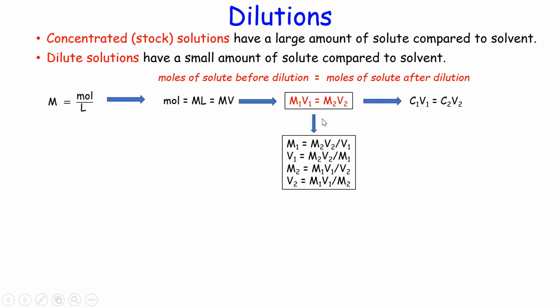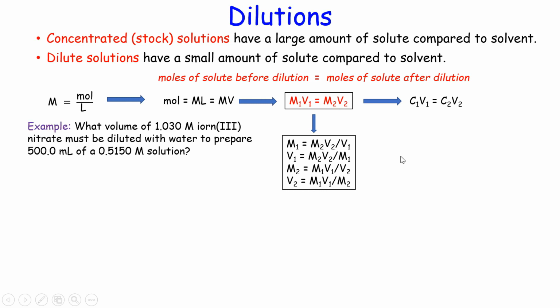For example, if you know everything else but M1, then you should be able to calculate M1 using this equation. You see, M1 equals M2V2 over V1, where we move V1 to the other side as a denominator. You can do the same for V1, for M2, and for V2.